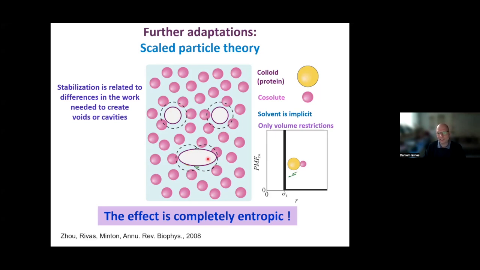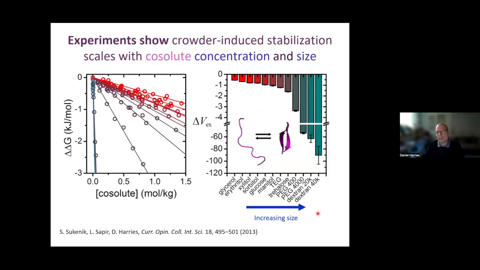And that was the basis of the crowding theory, as it was also formulated originally by Minton and then by many others. And the question is, does this hold? And if not, what is it that doesn't exactly fit the experiments? And I'm showing just an example of, in this case, protein folding applied to this idea of Asakura and Osawa and the depletion force.